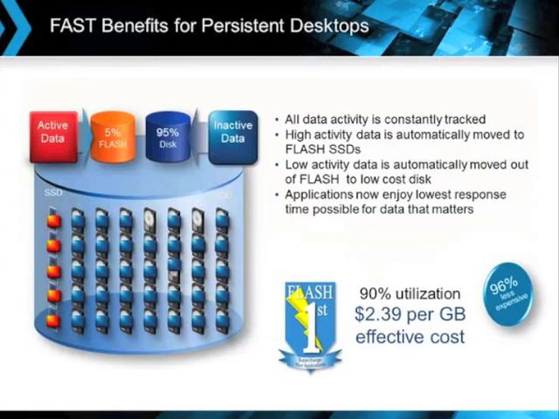In the persistent desktop, that model expands the capacity, but the percentages stay the same. What changes is that we now have to account for the loss of the replica, or the master image in the Citrix world. Which is why FAST pools will help significantly in a persistent desktop.